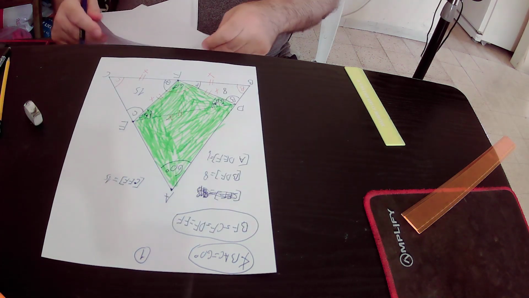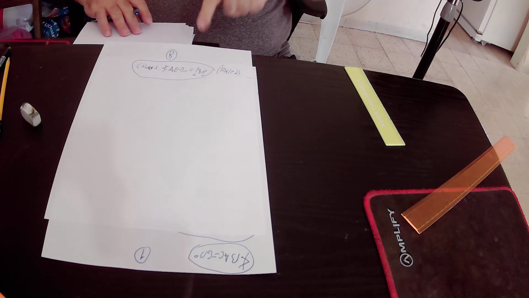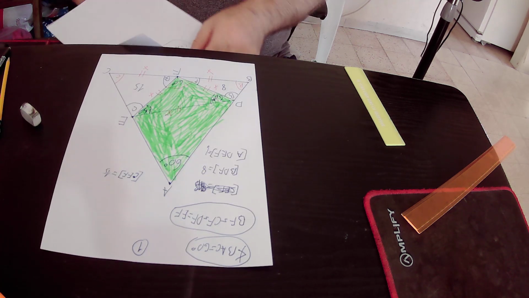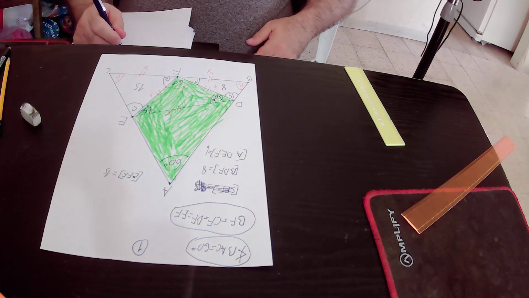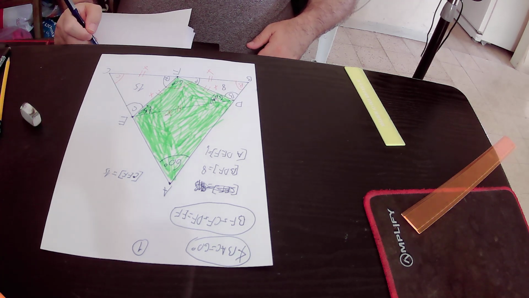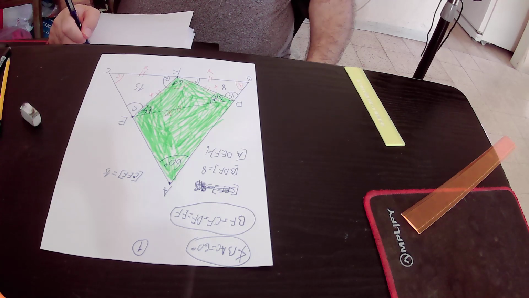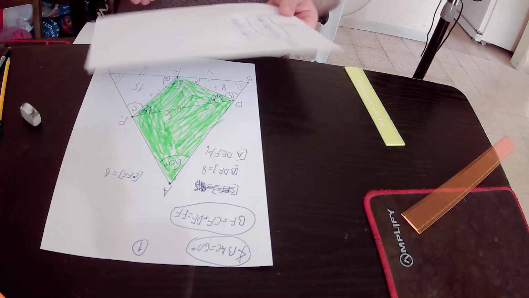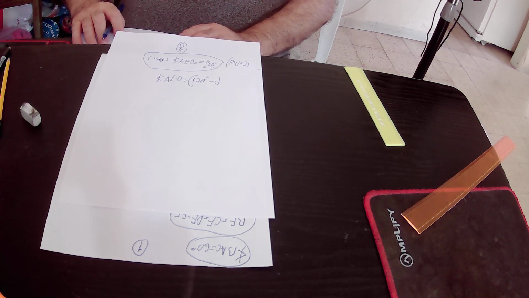So here we will subtract 60 degrees and C from this equality, and we will get that angle AED will be equal to 180 degrees minus 60 degrees, which is 120 degrees, minus C. Okay, angle AED equals 120 degrees minus C.